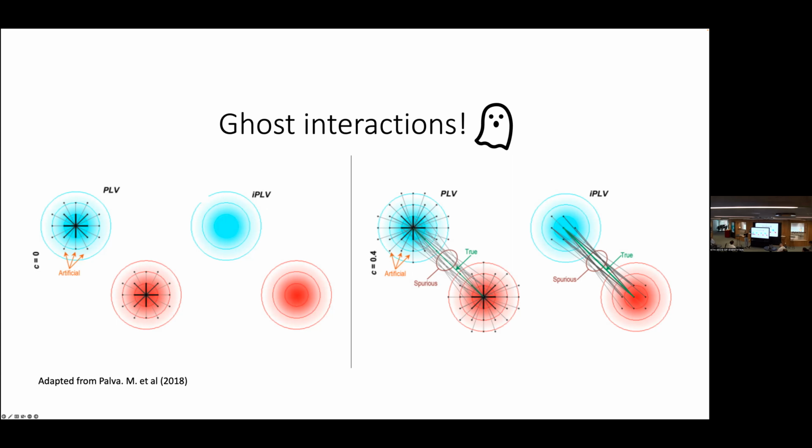To the right, though, we have a true synchronization, so the blue source is synchronized with the red one. We have this true connection between them, but because the signal is spread out over multiple sources, there's going to be a lot of connections from an area around the blue source and an area around the red source. Those are going to have an imaginary component, because the phase lag is not only going to be 0 there.